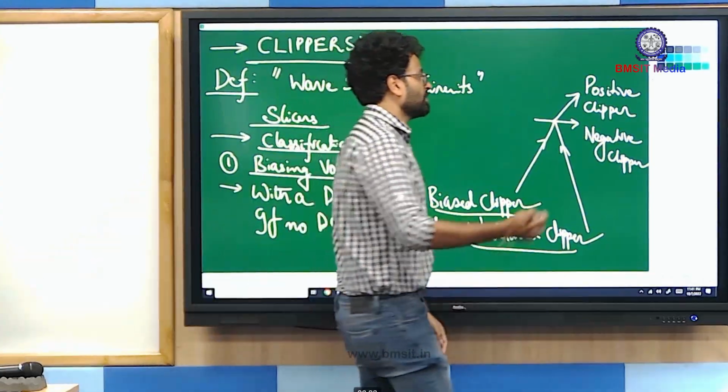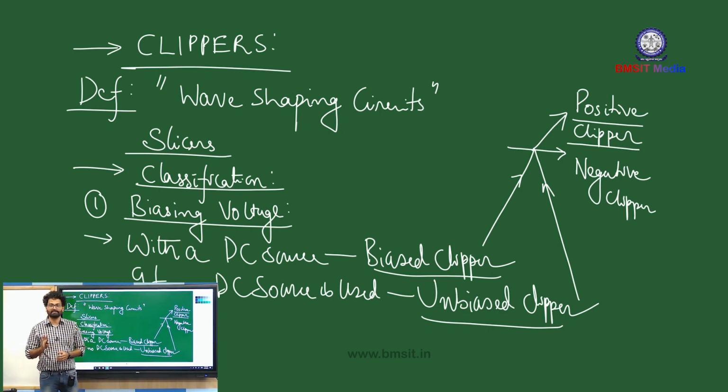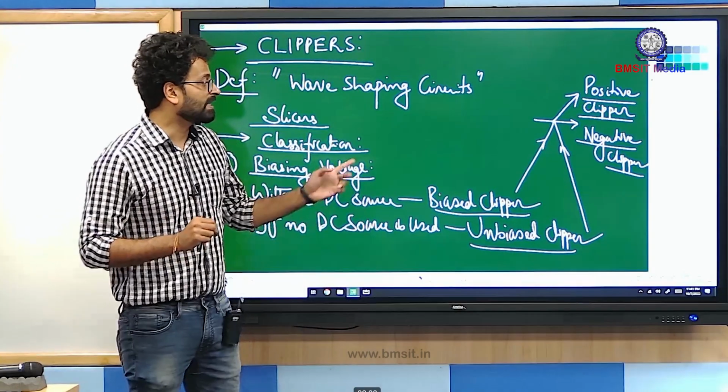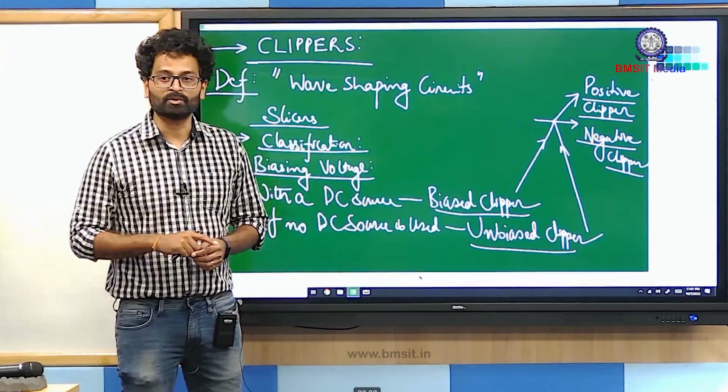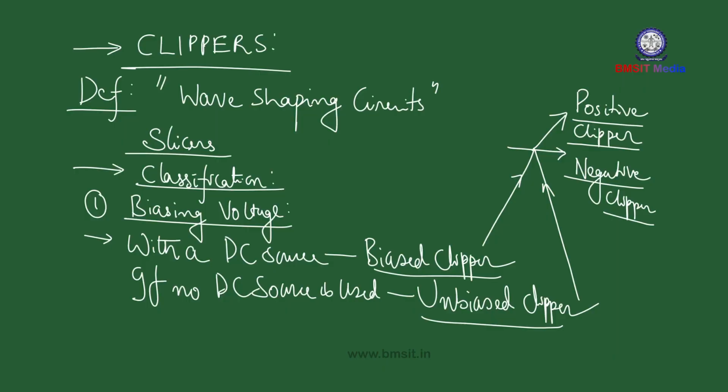What do you mean by positive clipper? As the name suggests, a positive clipper shapes the positive half cycle of the input waveform. On the other hand, the negative clipper shapes, trims or clips the negative half cycle of the input waveform. So this is the broad classification of clipper circuits.